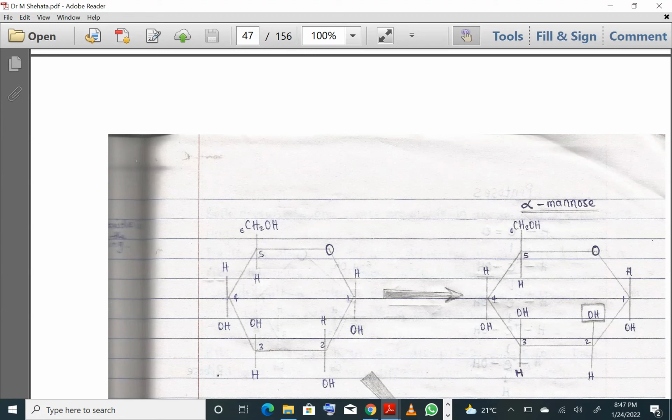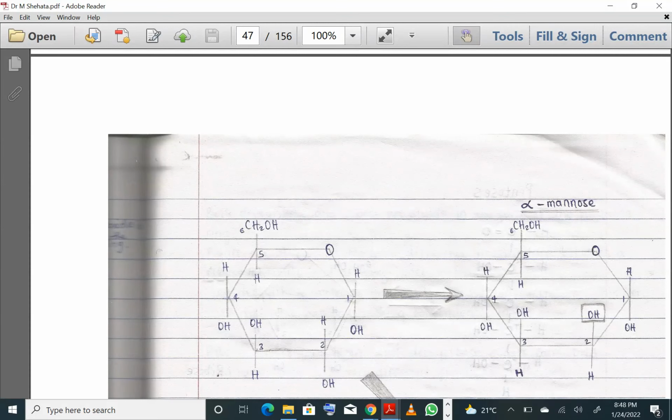So you see that on the second carbon, the hydroxyl is below the ring in glucose, and the hydrogen atom is above the ring. With epimerization, there will be a change in configuration. When the hydroxyl and the hydrogen atom on carbon 2 change their position, what was up goes down, what was down goes up.